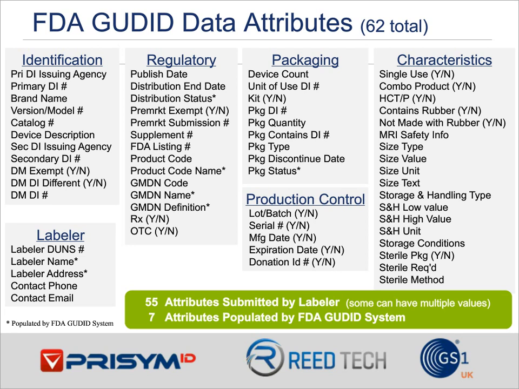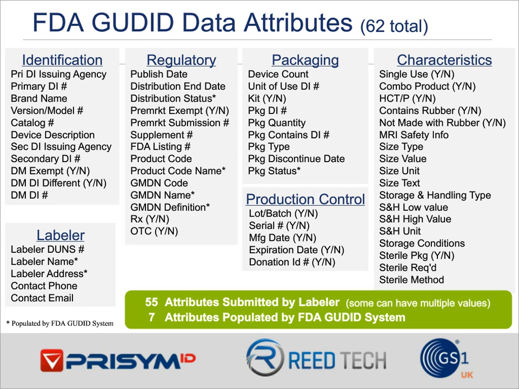For example, your pre-market submission numbers, your PMAs and any supplements, your FDA listing number, some of your GMDN codes. There are 55 attributes in total that are submitted to the FDA, and then the FDA receives those and derives 7 additional attributes, so a total of 62 are stored in this database that the FDA maintains for each device that you have marketed.